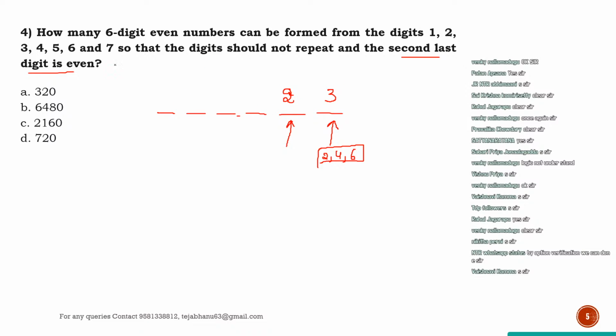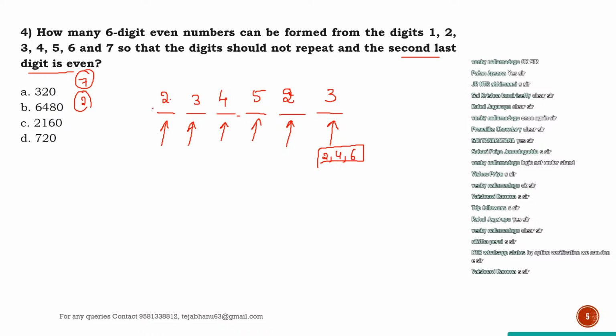Out of the 7 numbers given, 2 are accommodated and the remaining 5 are left. For this place, we have 5 choices, here 4 choices, here 3 choices, here 2 choices.